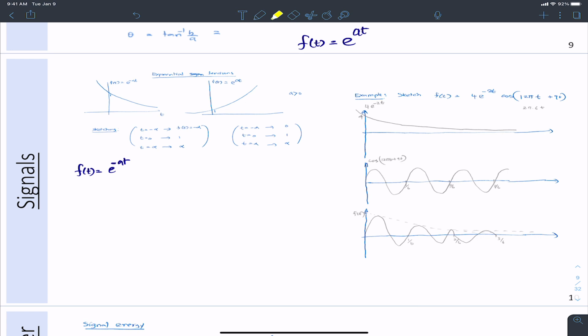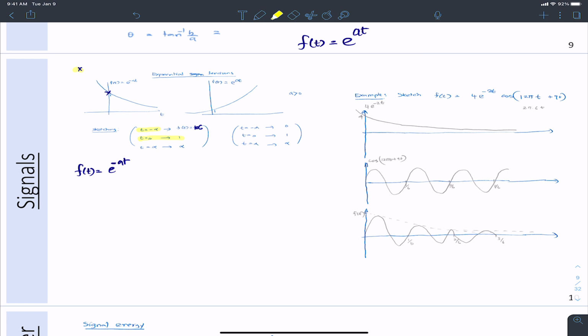When t is negative infinity, f(t) goes to infinity. When t is equal to 0, f(t) is equal to 1. That is this point.